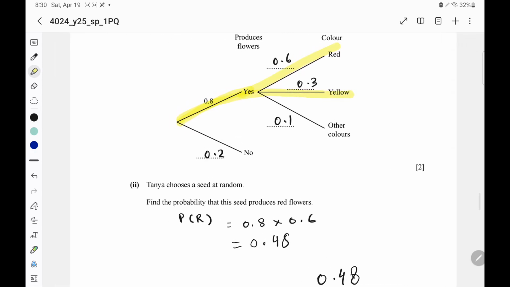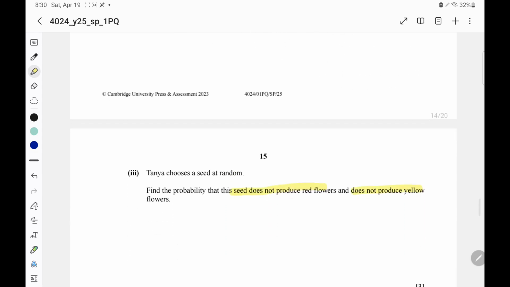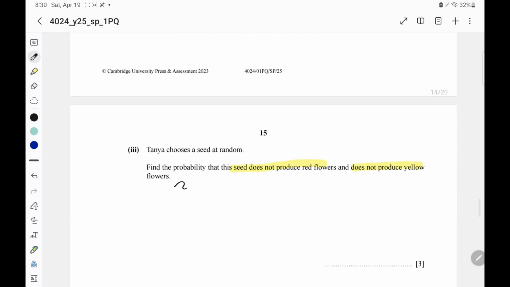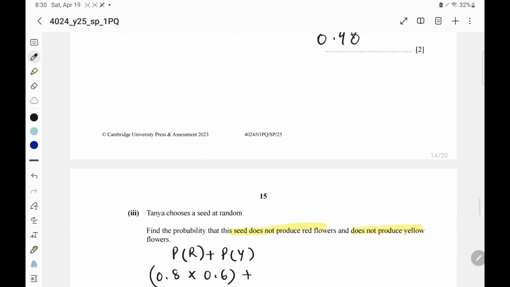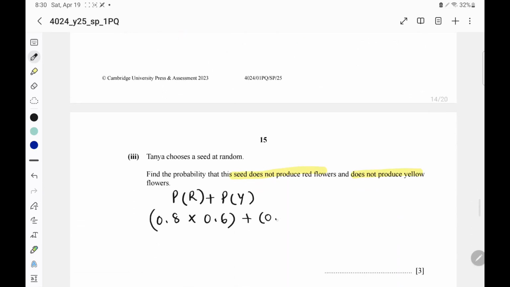So for the red one, 0.8 into 0.6, probability of red and probability of yellow. 0.8 into 0.6 plus, for the yellow one, we have 0.8 into 0.3. Alright, so this is 6 8s are 48 and 3 8s are 24.